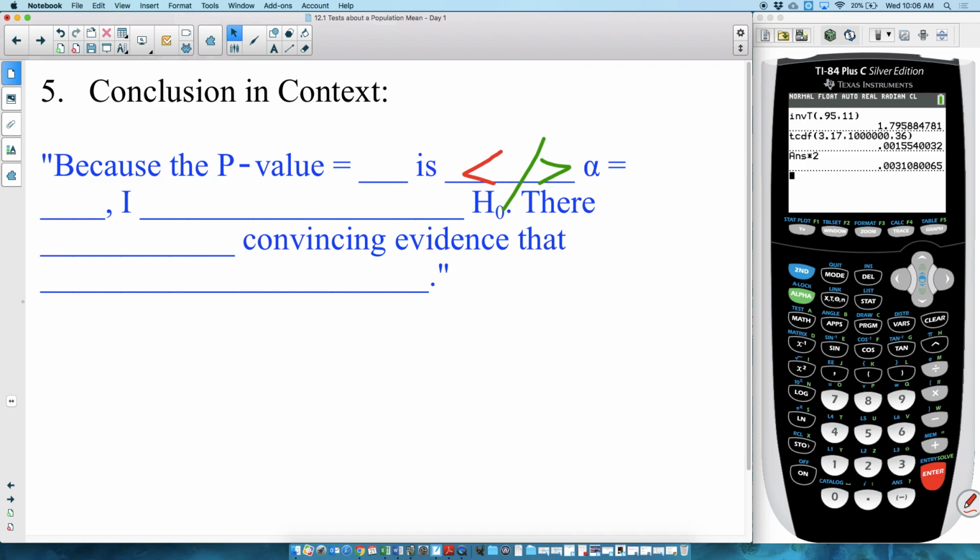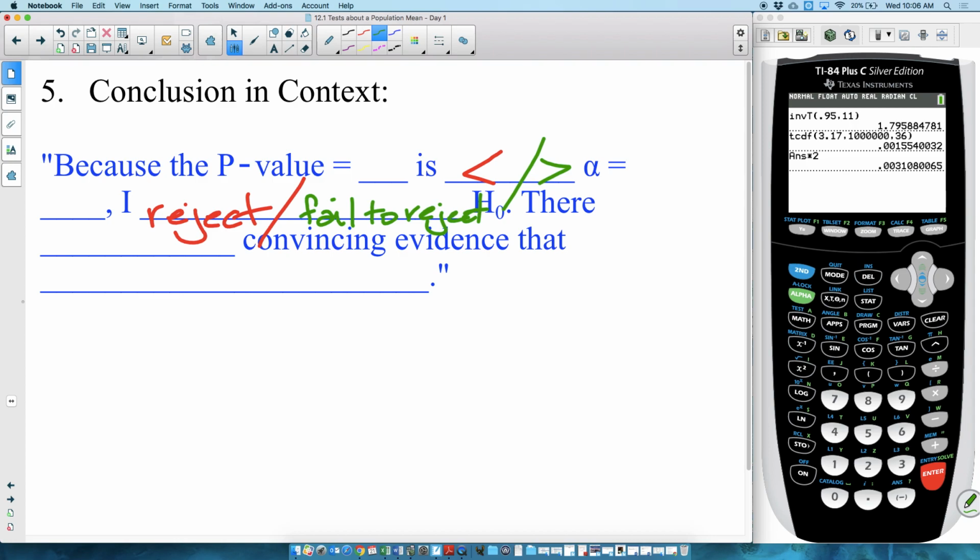I reject if it's less. If the p-value is low, the H naught must go. If it's greater, then I fail to reject H naught. And you can really write just H naught because the context is going to come in the next sentence.